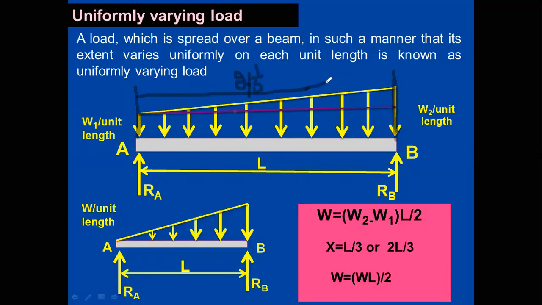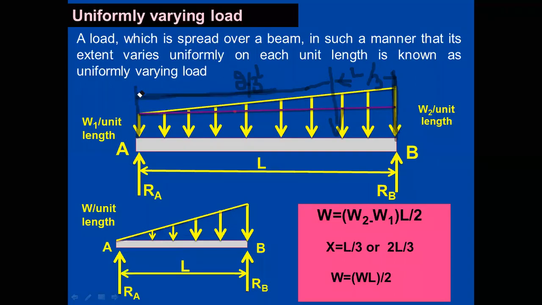So whenever we convert a uniformly varying load into a point load, we multiply W2 minus W1 into the span L, divided by 2, and the point load acts at a distance L by 3 from the base point or 2L by 3 from the apex point.